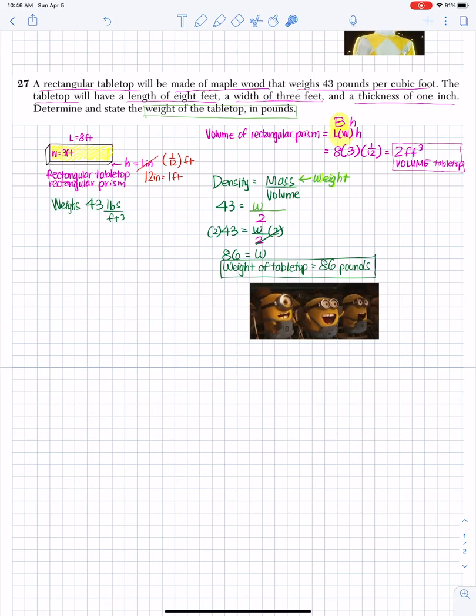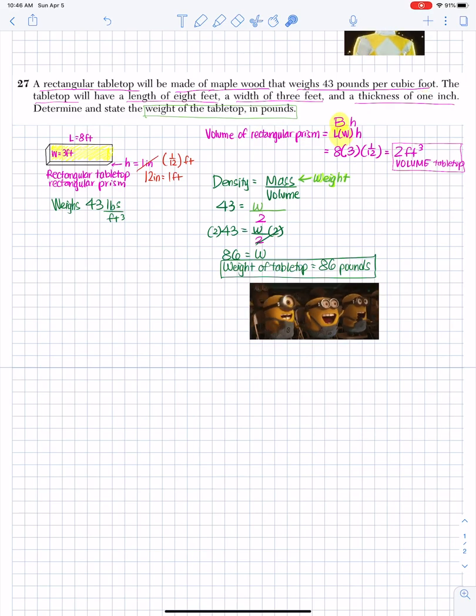And if you remember me telling you, I really don't like calling h the height. I call h the distance between the two bases. So when they talk about the thickness, they're actually talking about h, the distance between the two congruent yellow rectangle bases. Now, if you notice, the problem has some inconsistencies.